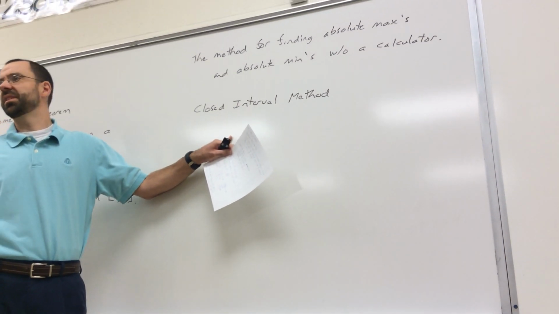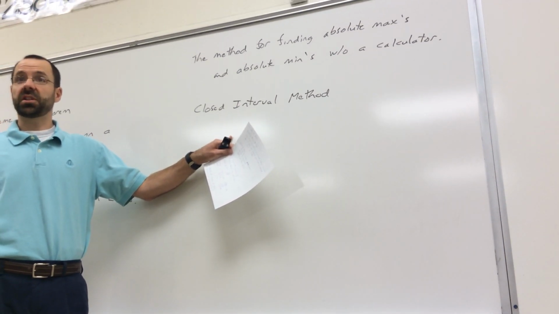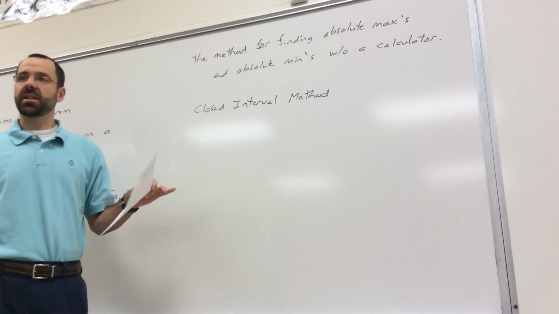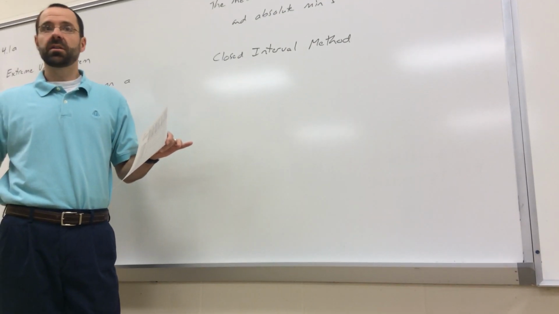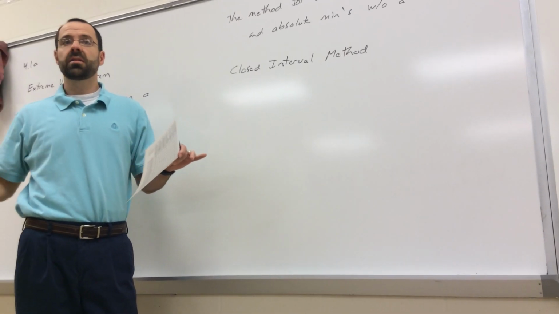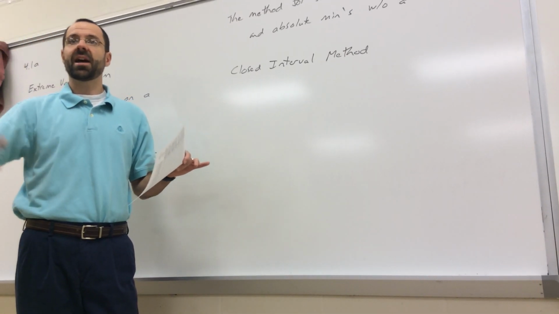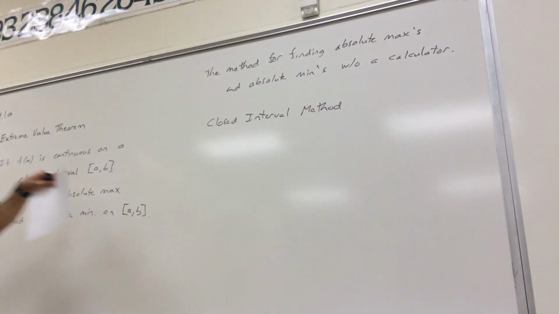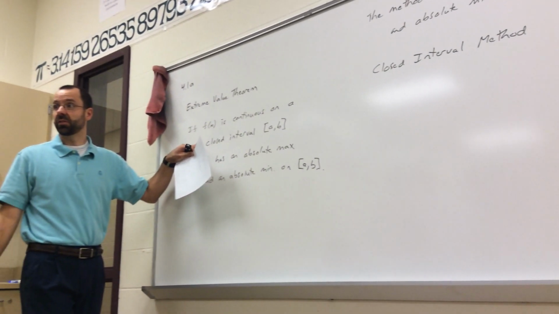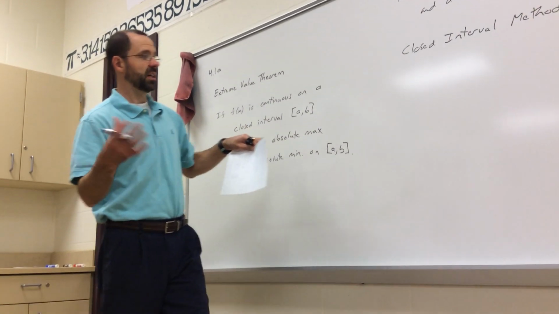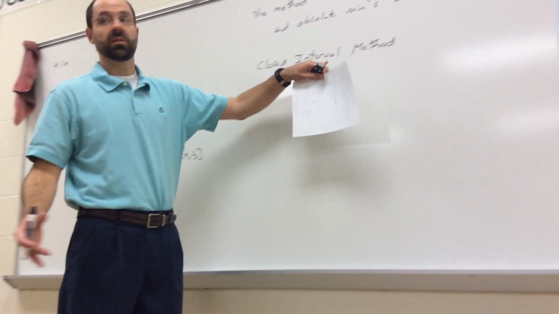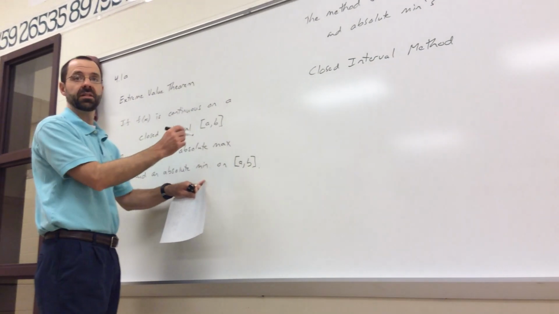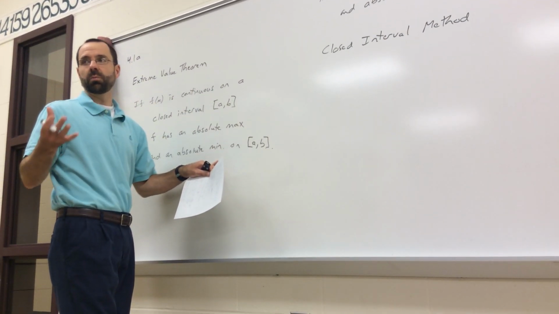You might be able to find absolute maxes and absolute mins for other functions, and we'll learn later how to do that. But for now, we're just focusing on these types of functions. And by closed, I mean that there's brackets. If there were parentheses, then it's called an open interval.